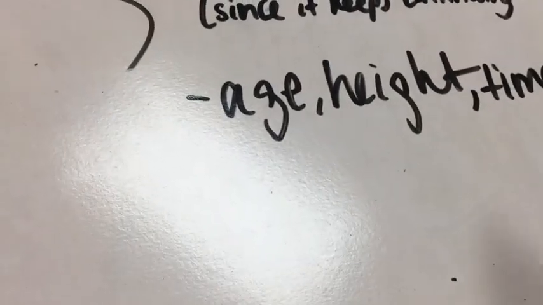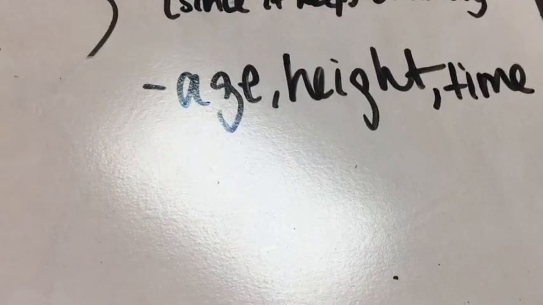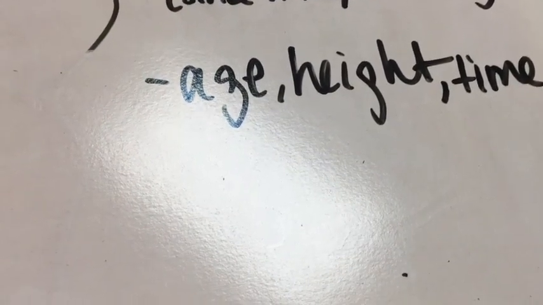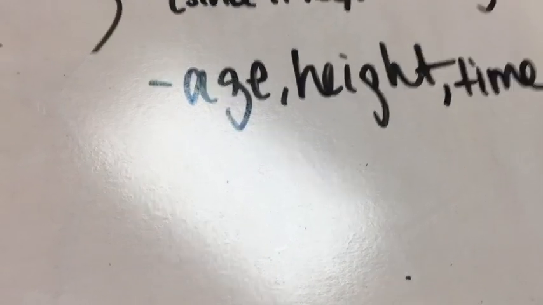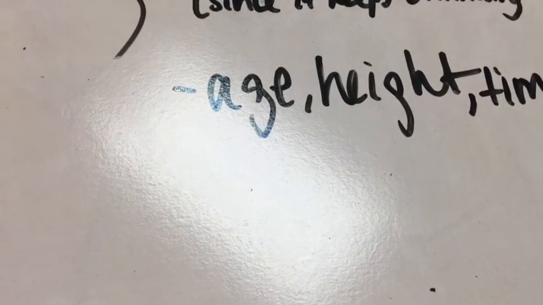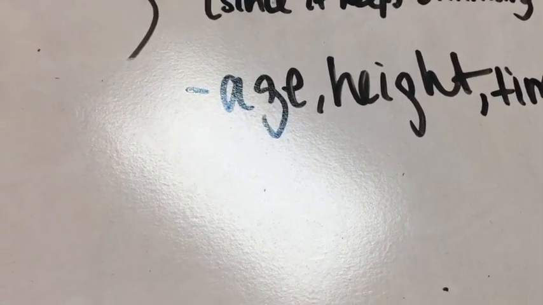And then height, since it's also measured, this is also continuous. You can say I'm 5 feet, but in reality you're 5 feet and this many inches, this many centimeters, this many millimeters, and it keeps on continuing. And then same for time and age. You have your hours, your minutes, but then you have your milliseconds, and it keeps on going on forever.